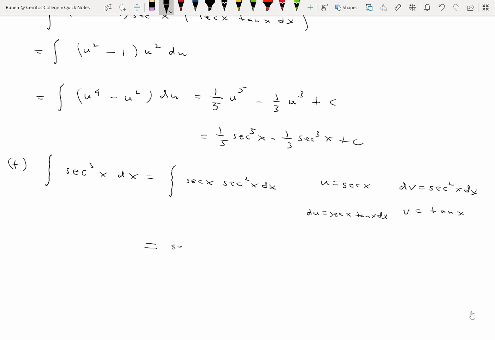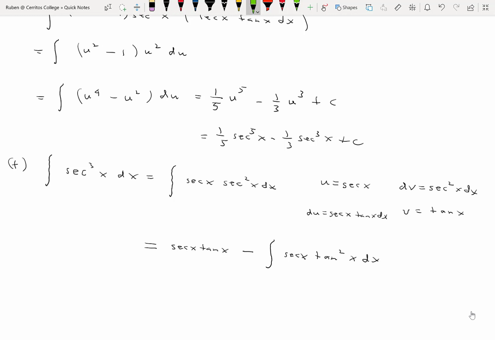And then dig into the integration by parts formula. It's u times v, tangent x, minus the integral of v du, of v secant x times du. So secant x times tangent squared x.